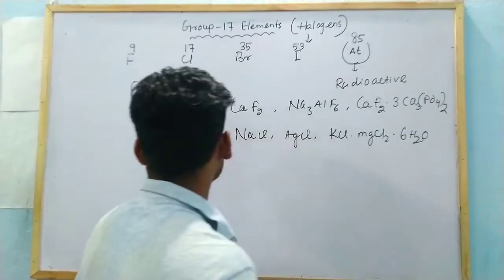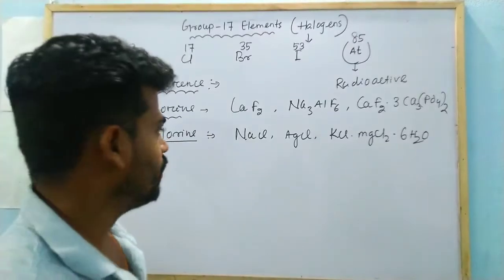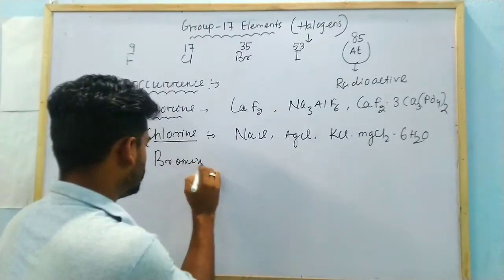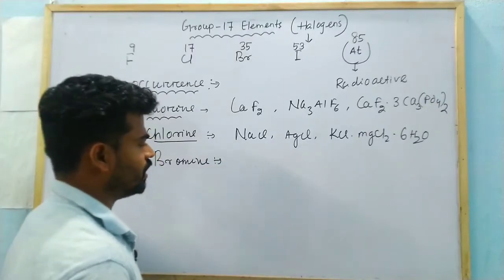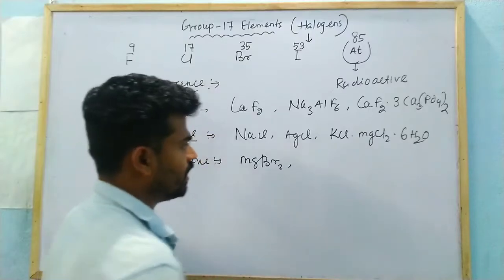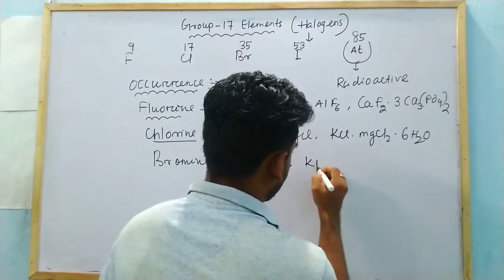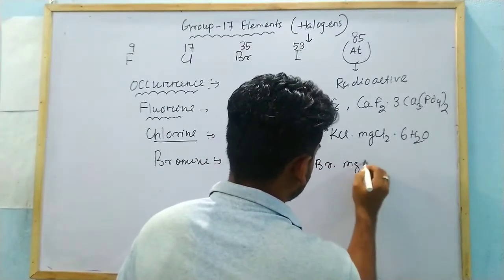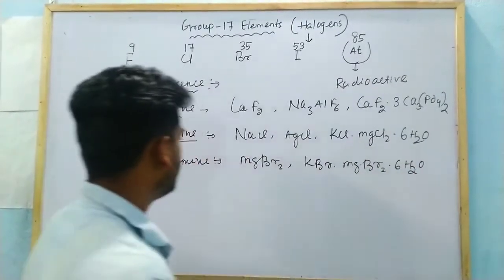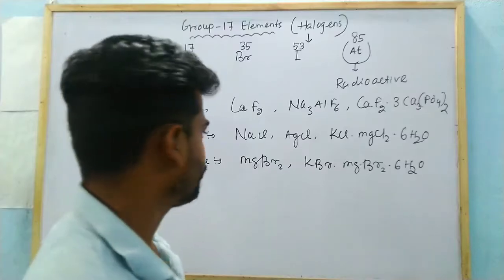These are the sources of chlorine. Next bromine: mostly it is found in compounds like MgBr2 and bromocarnallite, that means KBr.MgBr2.6H2O. These are the sources of bromine.